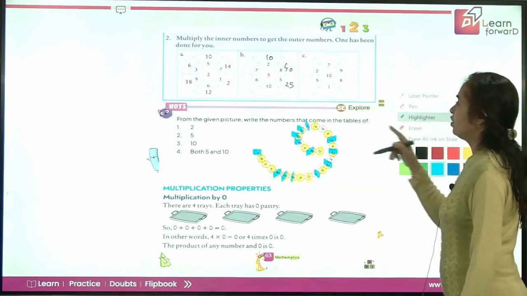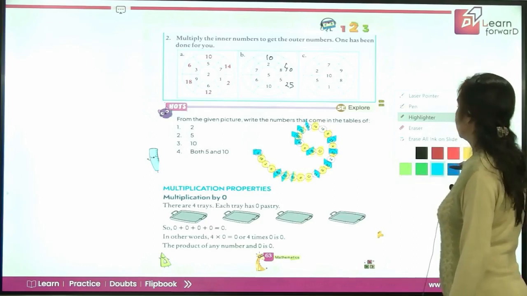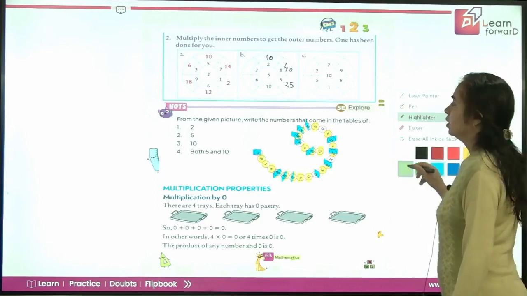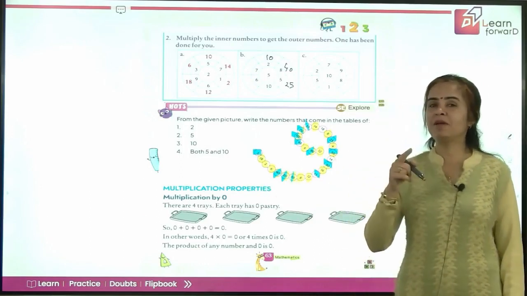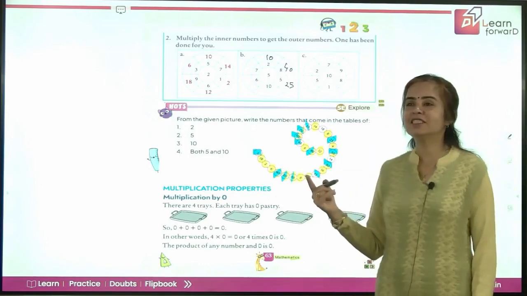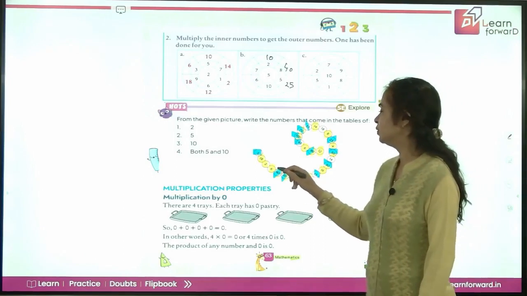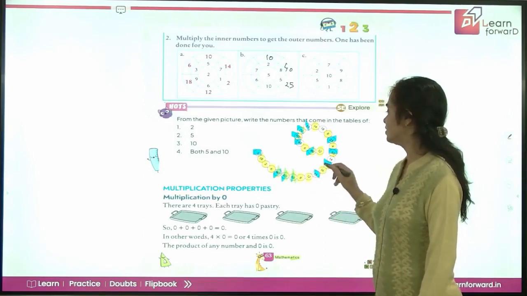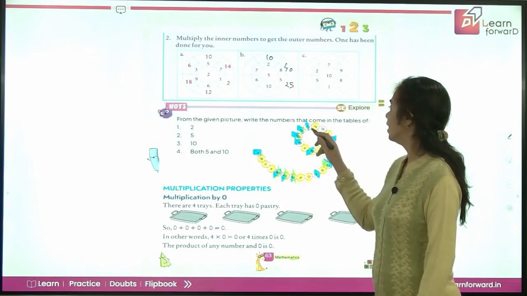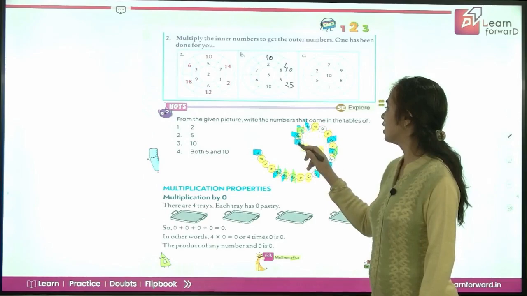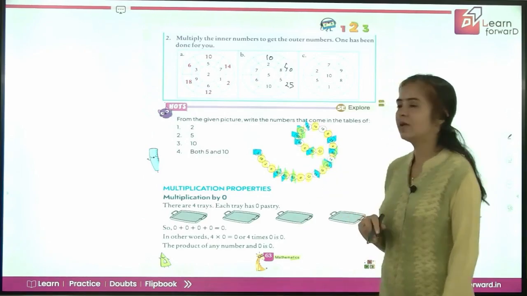Now, next we have to take the numbers that come in the table of 10. So, we just learned when we multiply by 10, we just get a 0 at the end. So, this number has 0, this also has 0, this also has 0, 70 also has a 0, 100 also has a 0, 90 also has a 0.